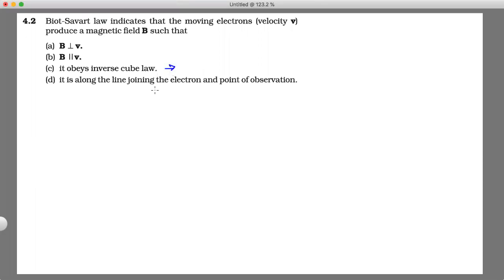So what did I tell you in Biot-Savart law? This is actually what can be confusing at times. The Biot-Savart law seems to show a cube relationship. So what does the Biot-Savart law say? That dB is equal to mu naught by 4 pi, I dl cross r by r cube.